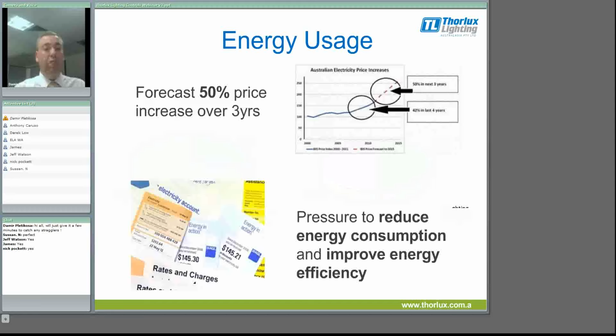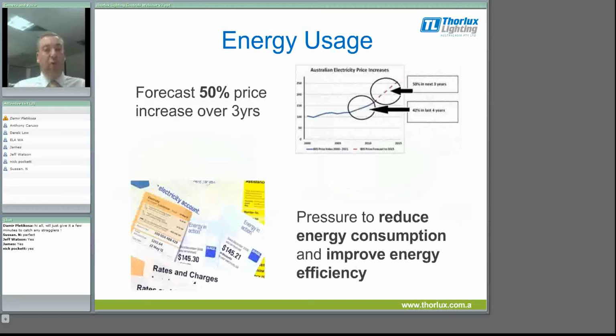I think we're all very aware that energy prices are increasing. Us guys in Queensland have just been hit with a 22% increase this year for our electricity. As we can see from the graph, 42% increase in the last 4 years, and they're forecasting another 50% increase over the next 3 years.